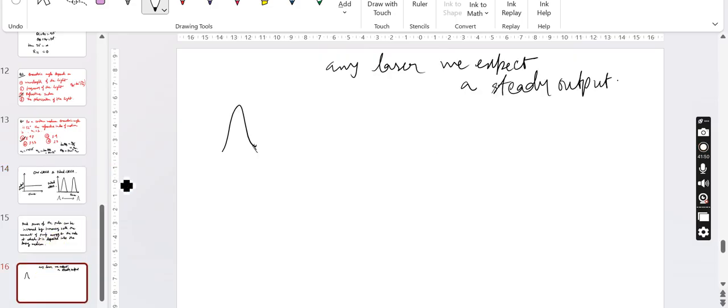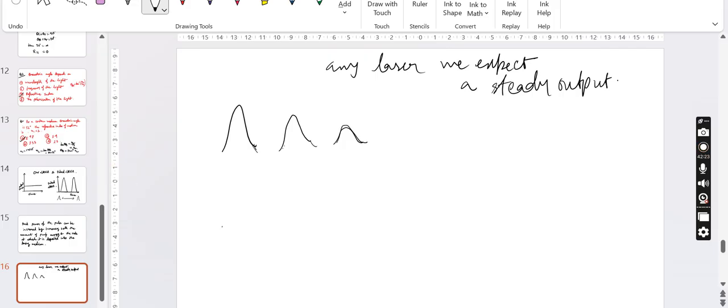But if you start increasing the pump power, you will see that if the pulse repetition rate is very high, after some time the pulse height will decrease.